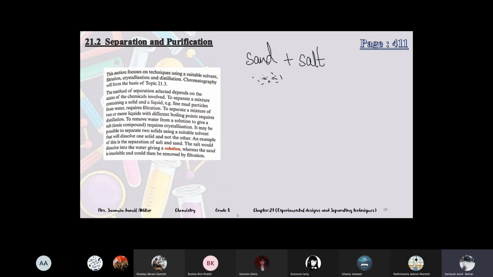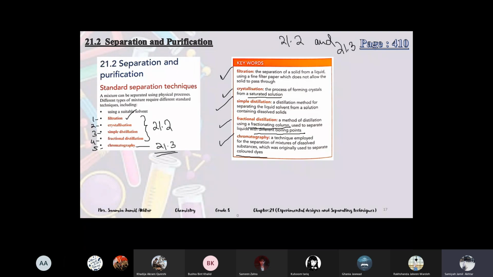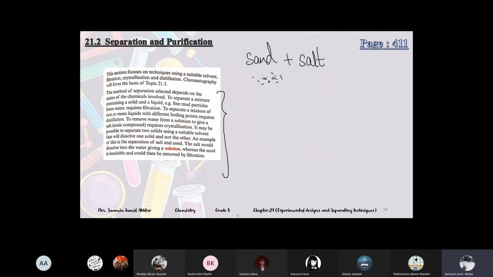For this one, we have to select a suitable solvent in which one of them dissolves and one is insoluble. Selecting a suitable solvent is very important for the separation of two solids. Because previously, in these techniques, there was a solid-liquid mixture or solution, but this paragraph is about a solid mixture. If we have a solid mixture, how can we separate them?